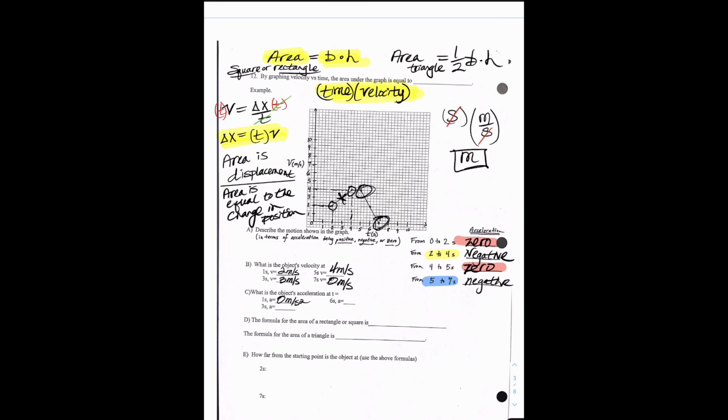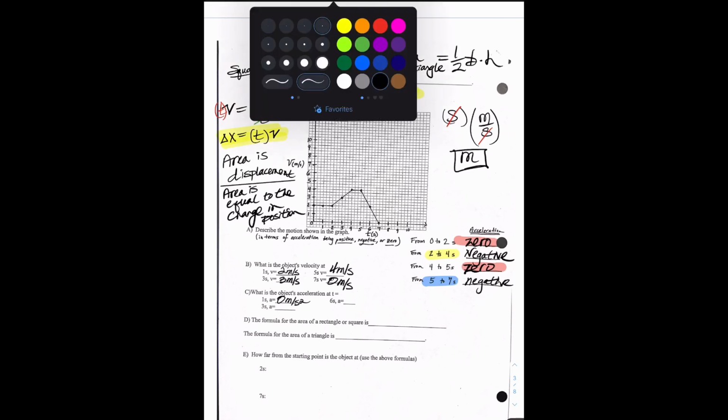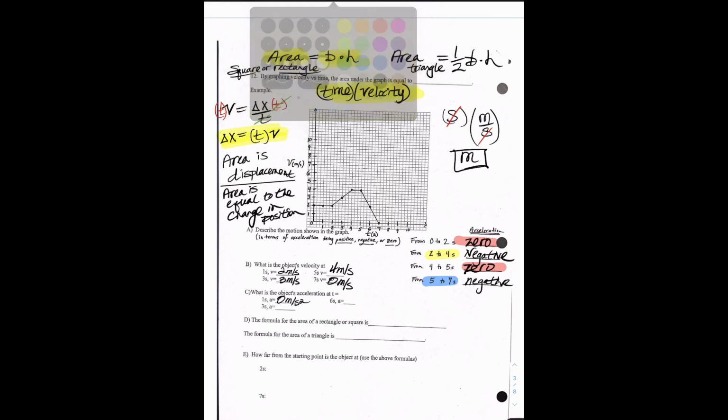The only problem, what the heck? I thought I just erased all that. Okay. The only problem is at, you notice we never asked for the slope at say 5 seconds. And why is that? Well, at 5 seconds, the graph is doing something weird. It's called a corner or a cusp, right?